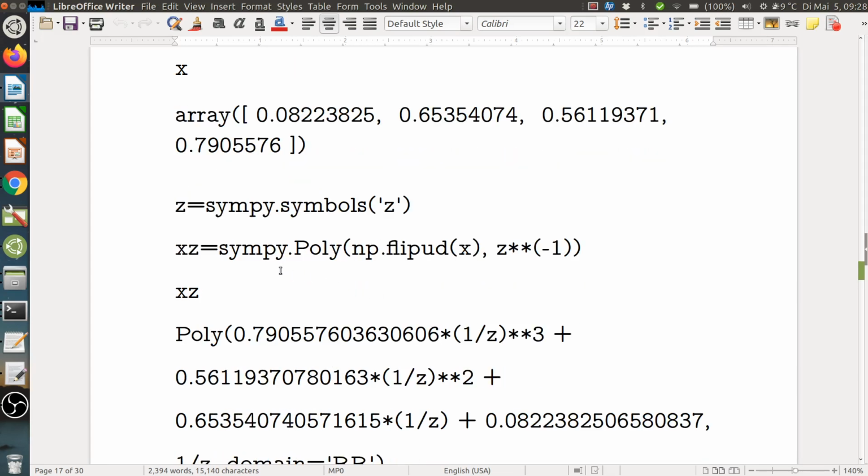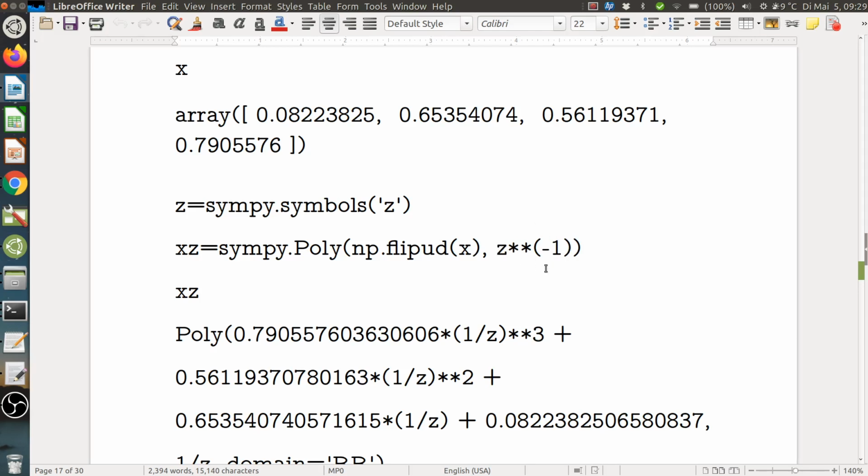Yeah, and then xz is now our polynomial made up out of our coefficients in x. So here you can see it, sympy.poly. So poly is a function in sympy, and it takes the coefficients in x. In this case, it flips it because we have this z to the minus 1. And then the variable that we take for the polynomial is z to the minus 1. Right?